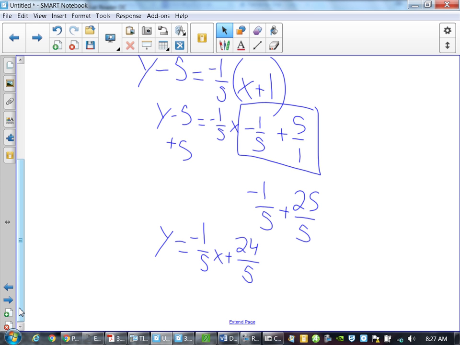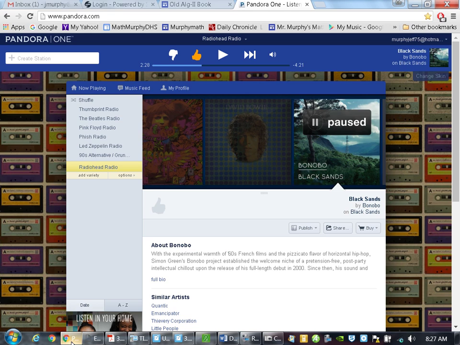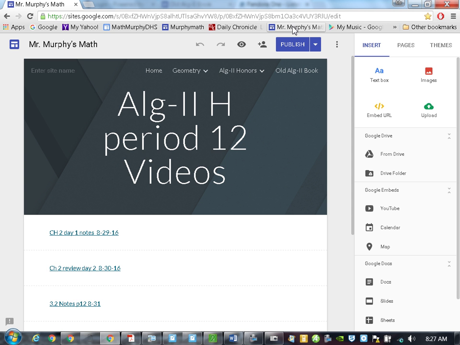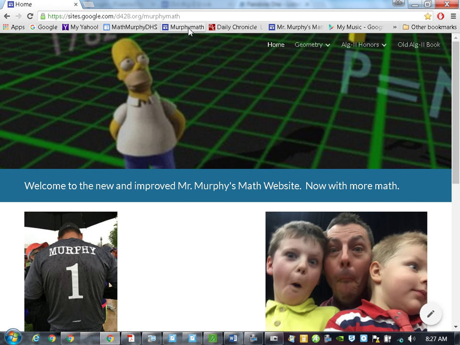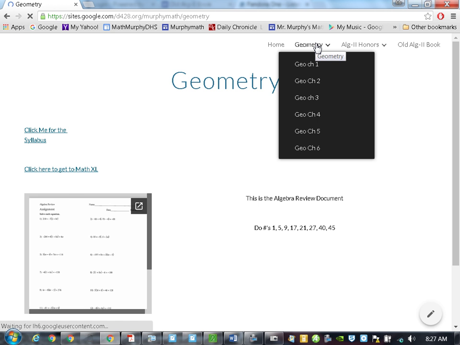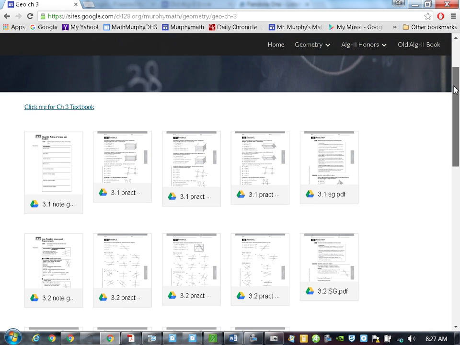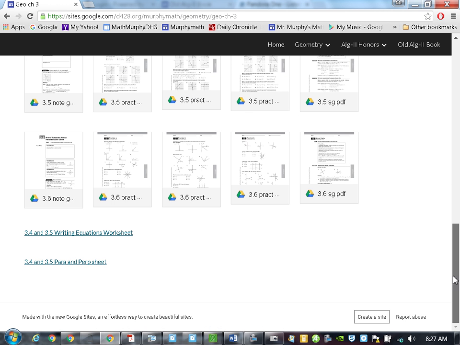Let me show you where I put the homework for tonight. On the geometry tab, chapter 3, at the bottom, I have the writing equations worksheet.